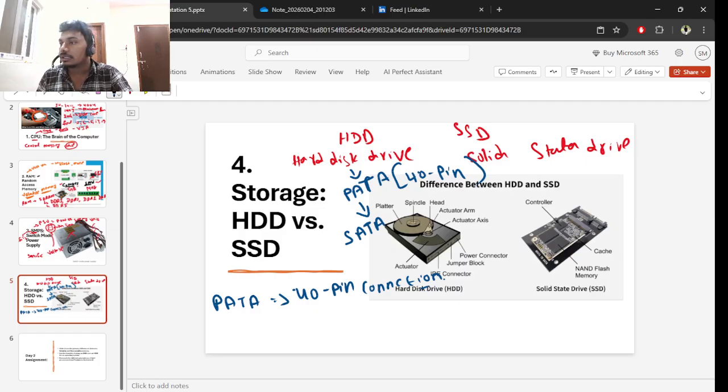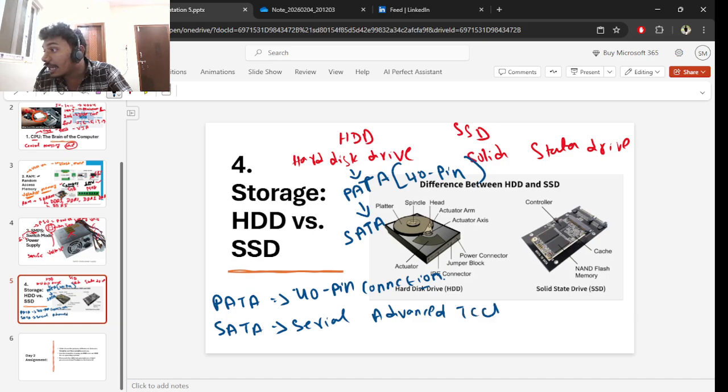Okay. Then SATA means serial advanced technology attachment.